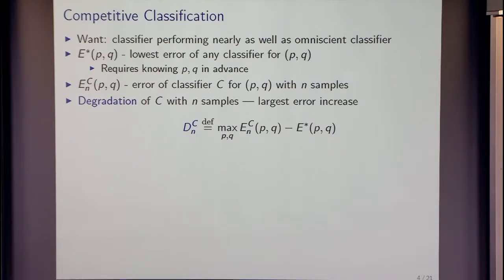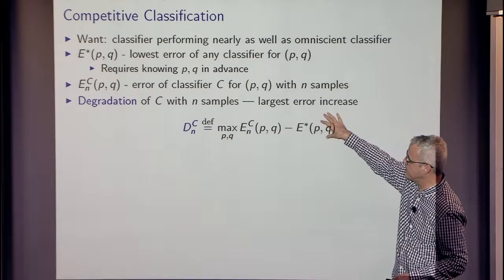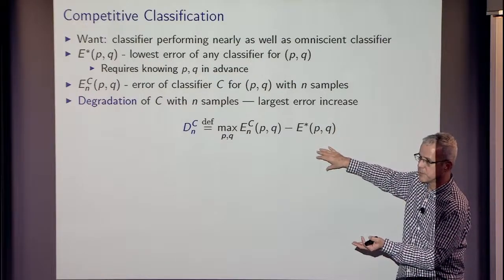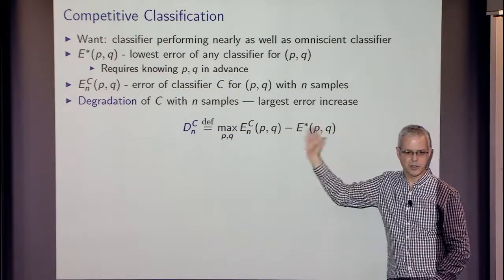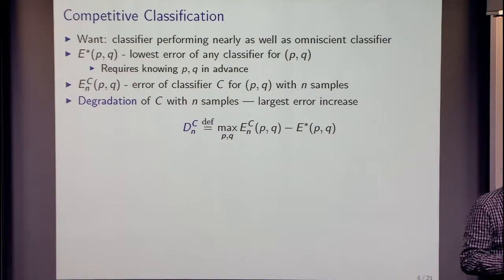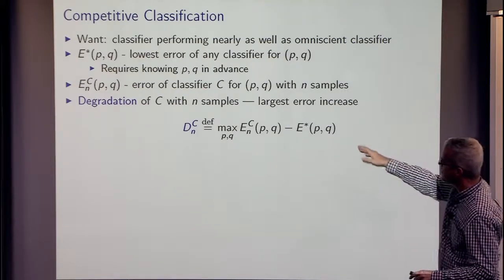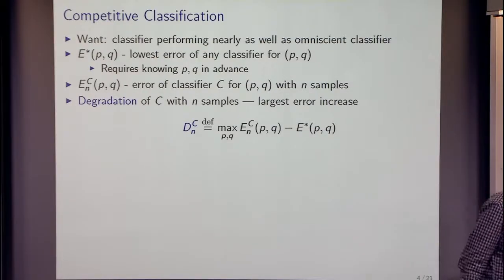So come up with a classifier, call it C. Maybe for some P and Q it will be optimal, but for others it won't. So you look at this difference of your error minus the best error, and you look at the worst possible pair of distributions. This E is taking expectation over all the training that you can see? Correct. This is over all the training and the test.